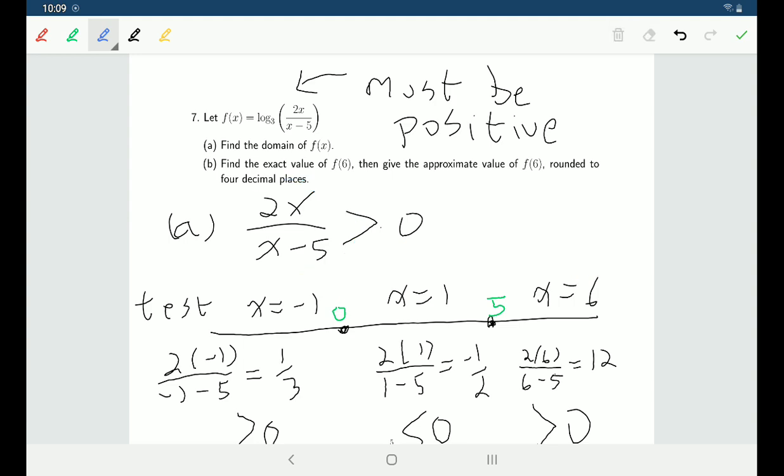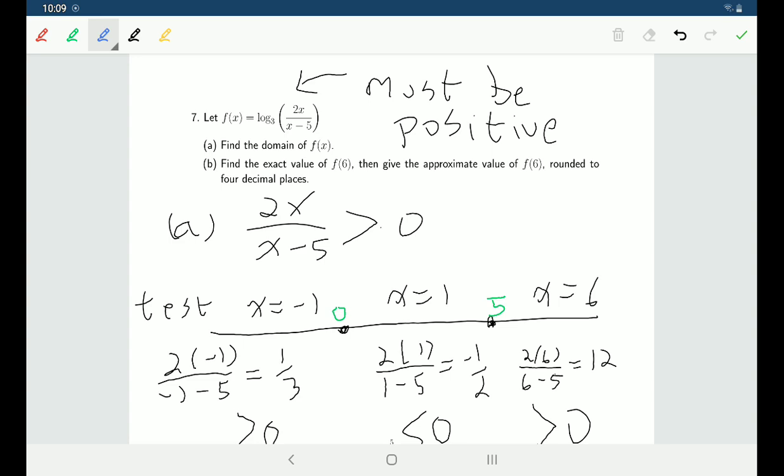And I find that the values were 1/3 in the first interval, so that means that we are positive in that first interval. -1/2 in the second interval, so that means you are negative in that interval. And lastly, we were 12 in the last interval, and so that means we were positive in the last interval. So where is this function, or where is the inside of this function greater than 0?